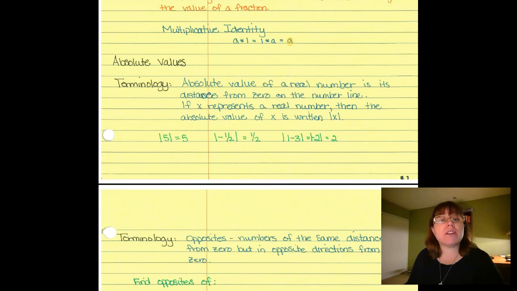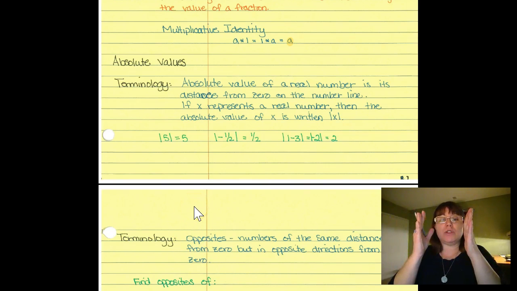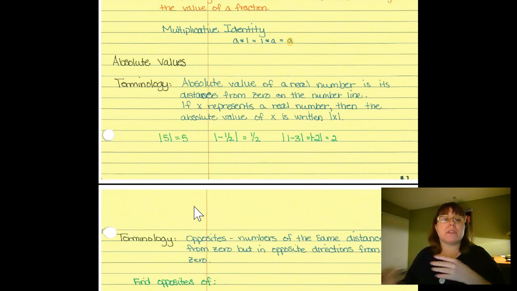Let's refresh on the absolute value of a real number. The absolute value of a real number is its distance from 0 on the number line. If x represents any real number, then the absolute value of x is written as x in between two straight lines. For example, it is read the absolute value of 5 equals 5.